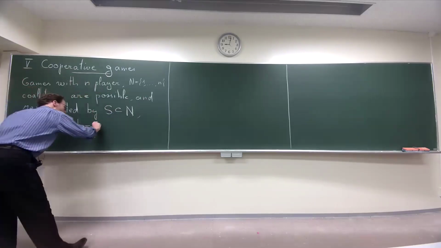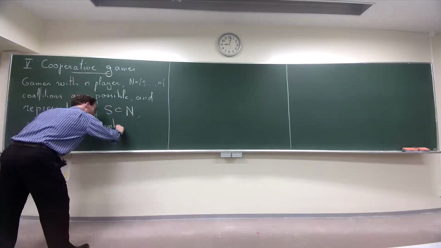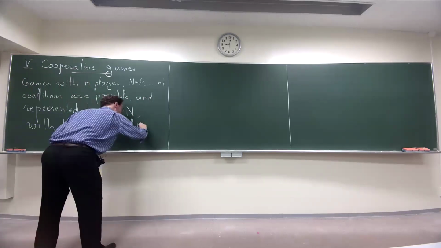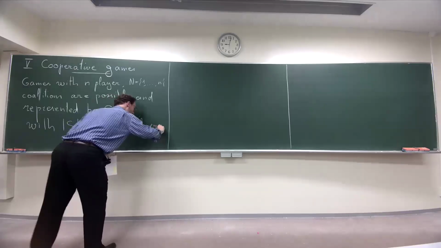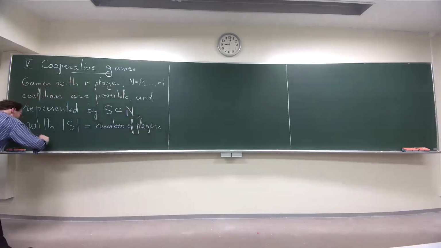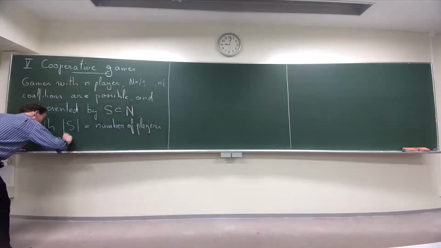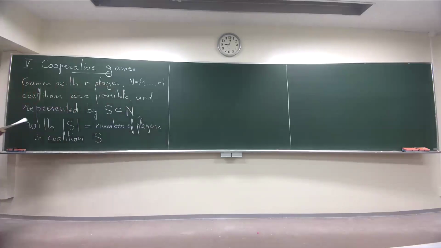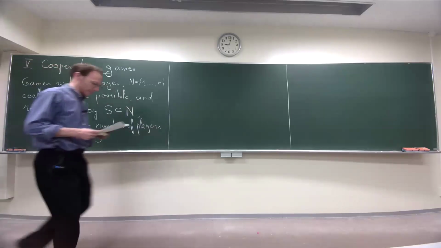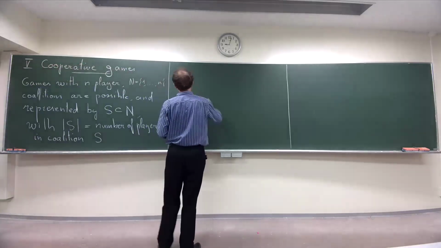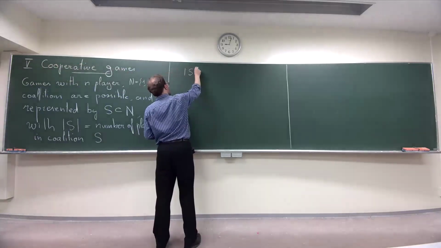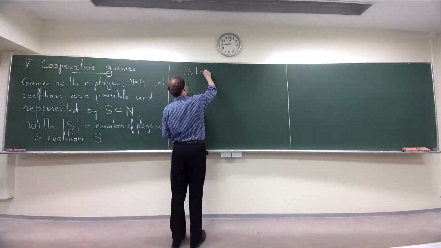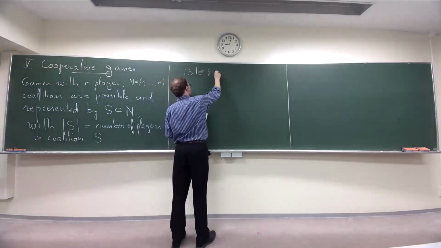This is a number of players in this coalition or this group of players S. Okay. So it means this number of players can be, in fact, it can be 0.